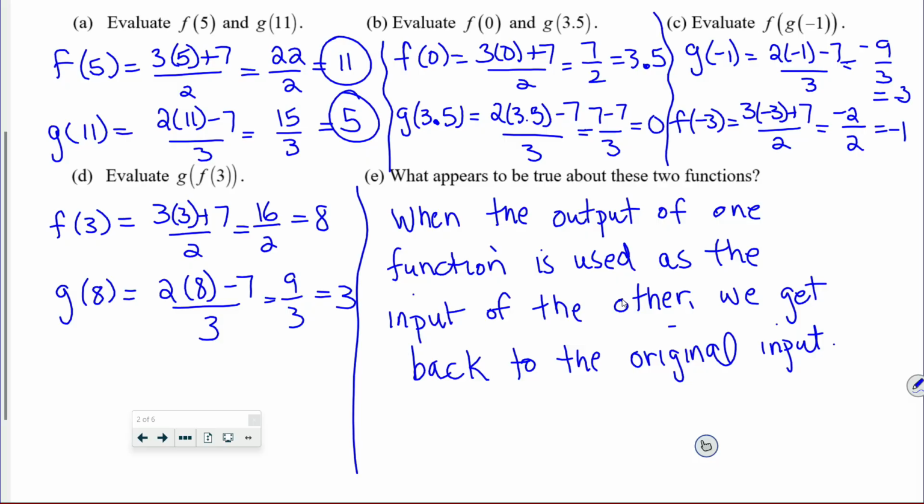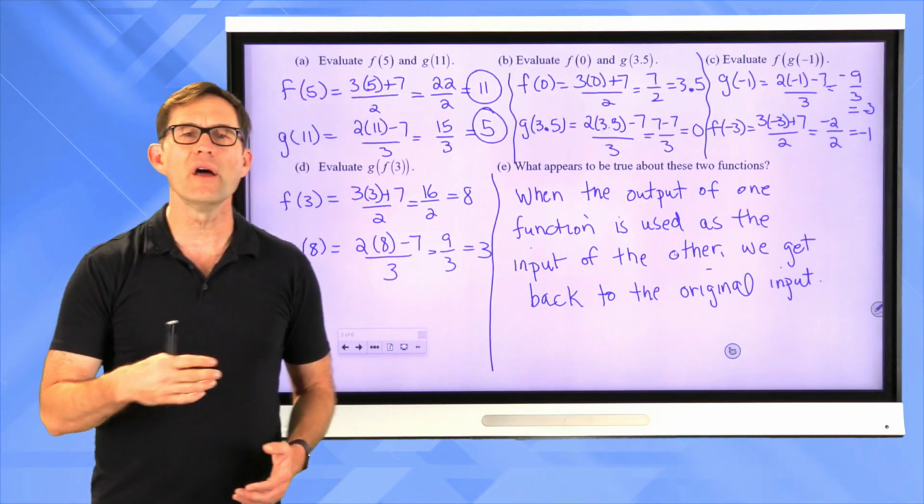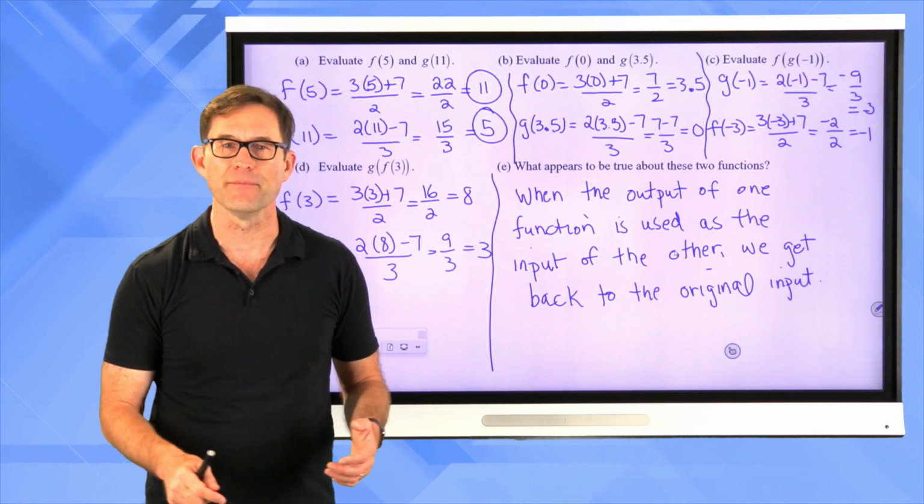In other words, it's almost like these functions are undoing what the other function has done.